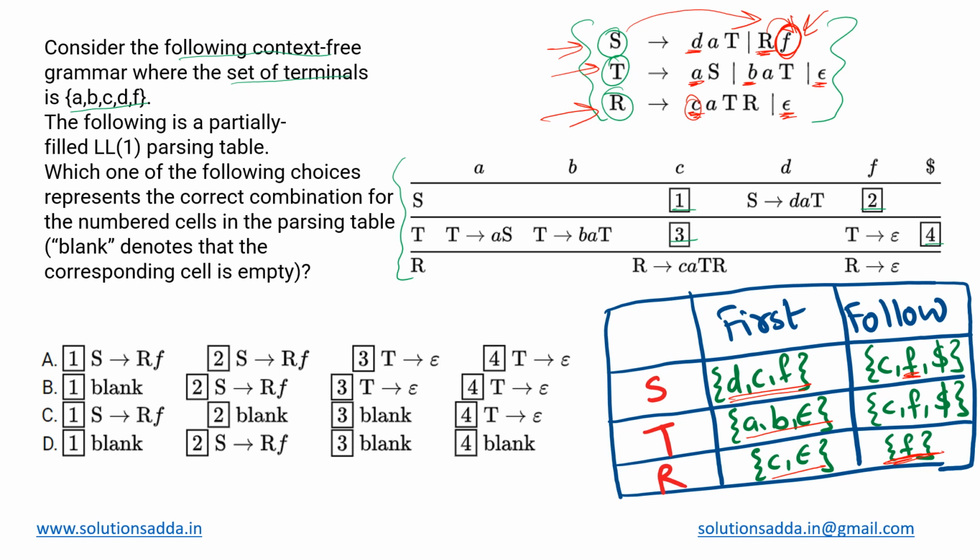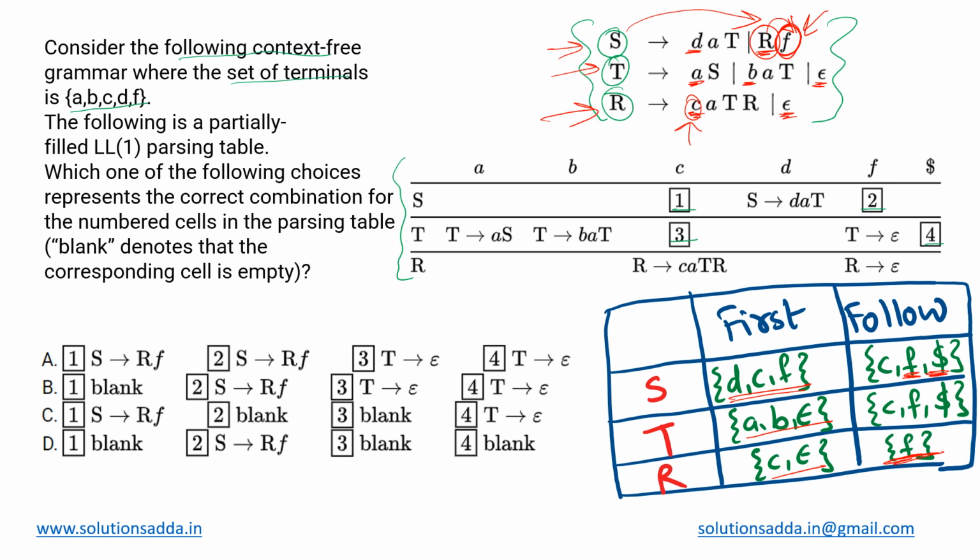And because S is the start symbol, the dollar sign will also be there, indicating the end of the string. And also this C comes from here, because we have this R here, so S will also have the symbol C in its follow. So we get C, F, dollar sign.